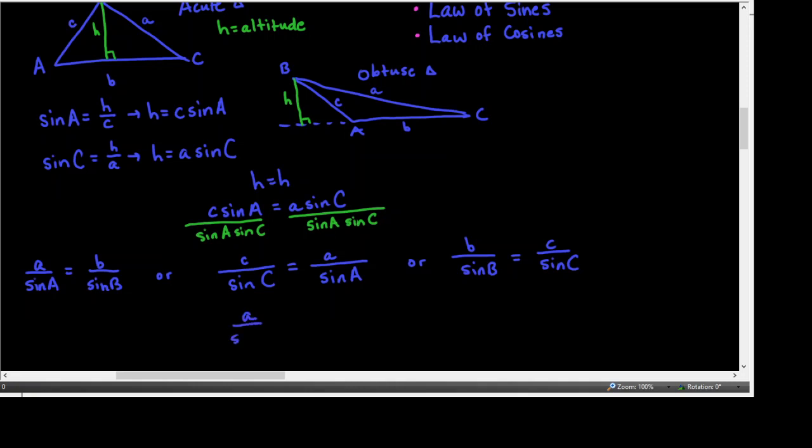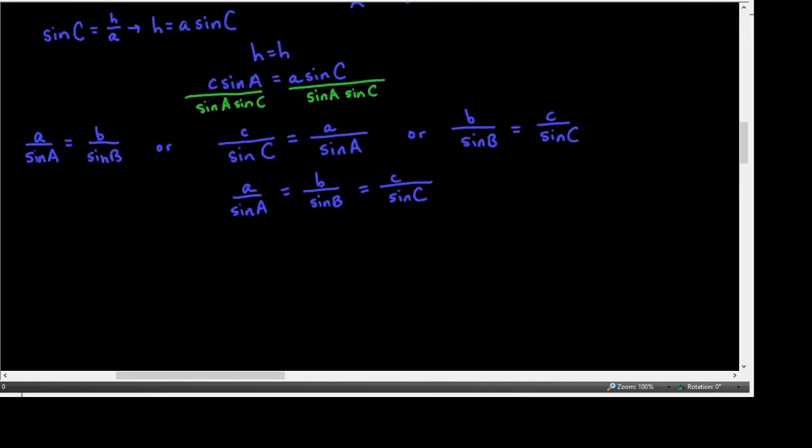But this is a nice compact way of writing the equality of all of these fractions, where we take a side divided by the sine of the opposite angle, and any two of these will be equal to each other, meaning any of those three statements joined by the conjunction are going to be usable as the law of sines. So this is the law of sines right here in abbreviated form.